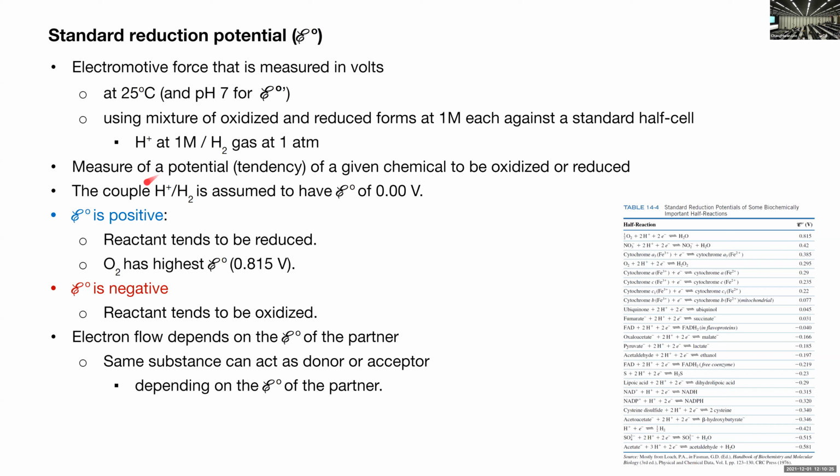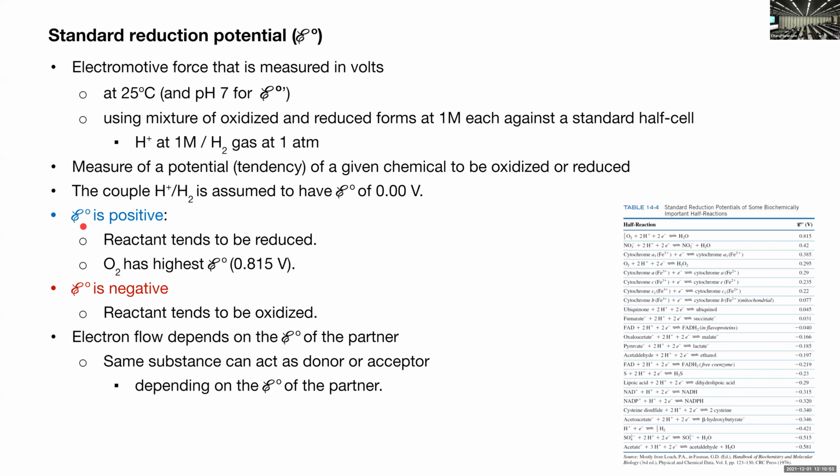And again, it measures the potential or the tendency of this chemical to be reduced compared to the standard. And again, it's coupled with the hydrogen. So that means the reduction of the hydrogen atom is set at E naught as 0 volt, because it's just a standard.